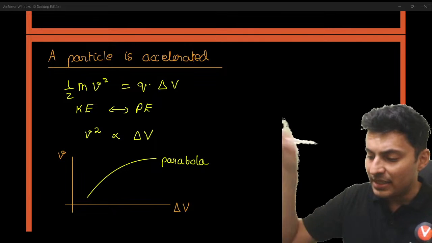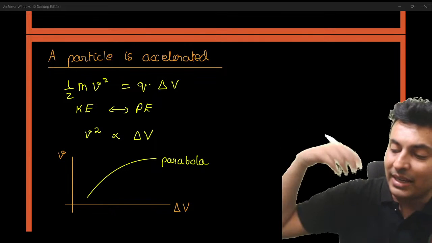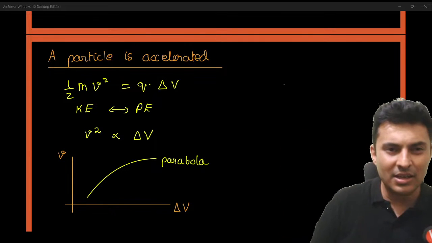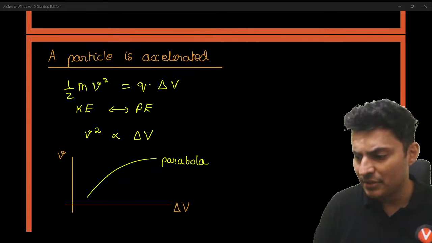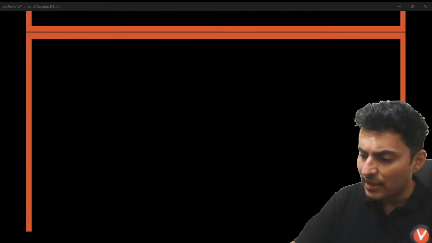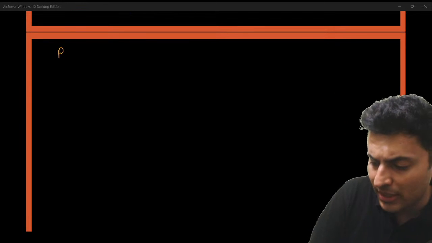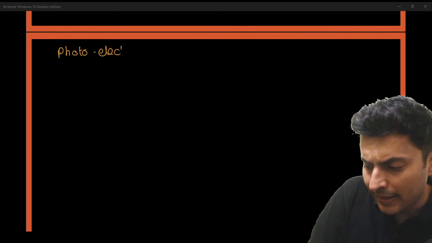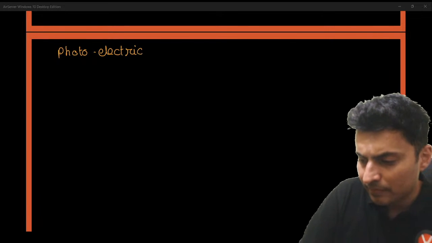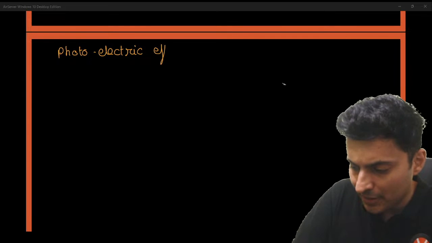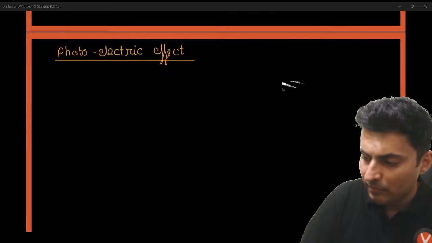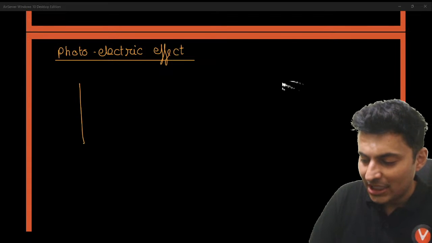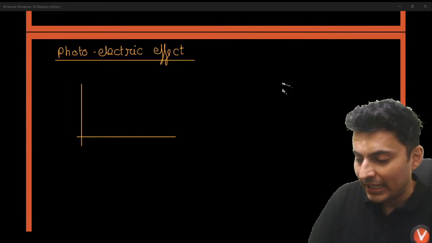Clear, guys? So you will see these curved graphs for a particle which is accelerated; sometimes momentum is asked, sometimes kinetic energy, sometimes speed. So it depends. Okay. Now let's come to photoelectric effect, which also has many graphs. One of the major graphs is the graph of current versus intensity of the light.